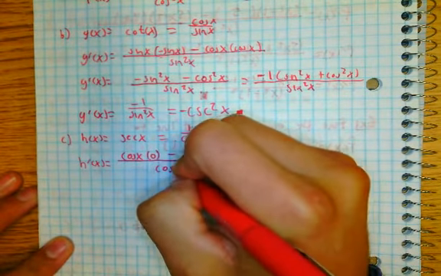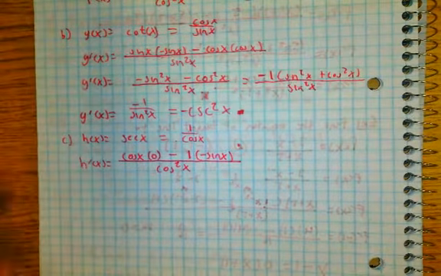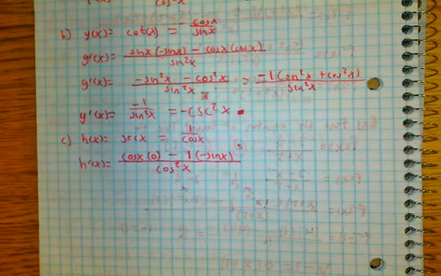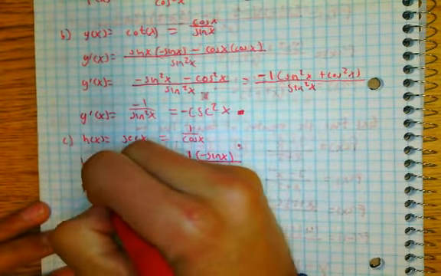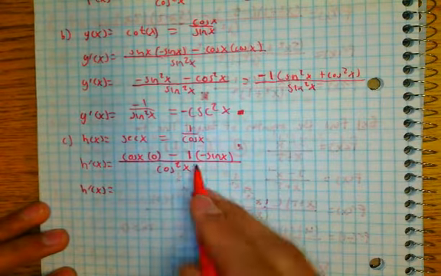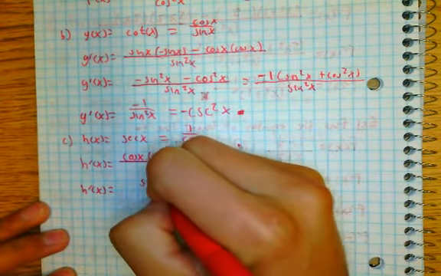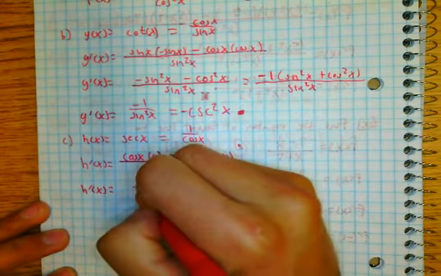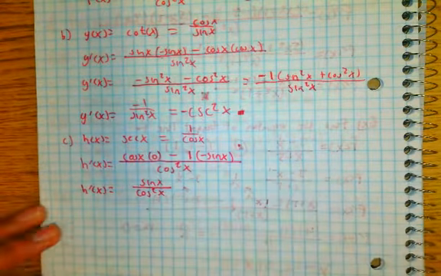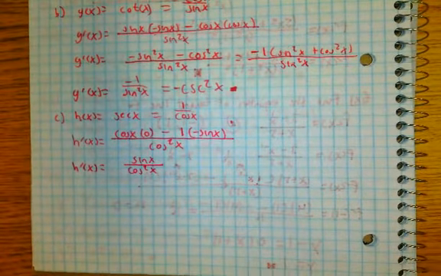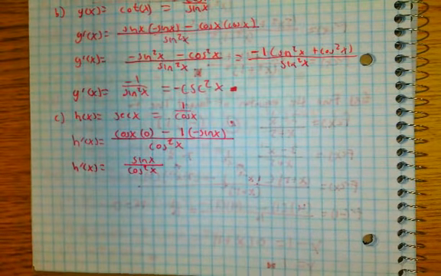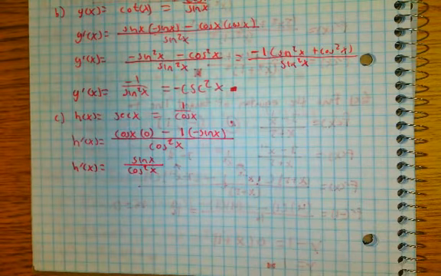Right? Now, that looks like it's simplified enough, but we can actually simplify this even further. Because what if I rewrite this as sine of x over cosine of x times 1 over cosine of x? Would that be the same thing? Well, you know that sine over cosine is tangent, and then you know that 1 over cosine is secant.